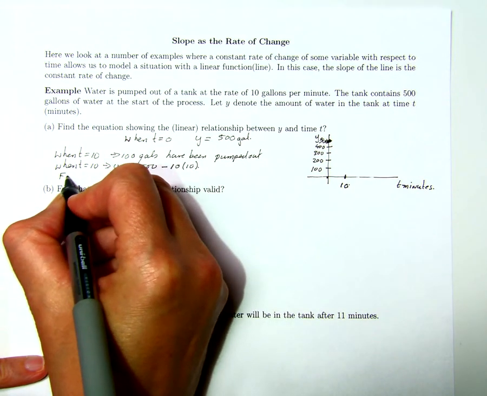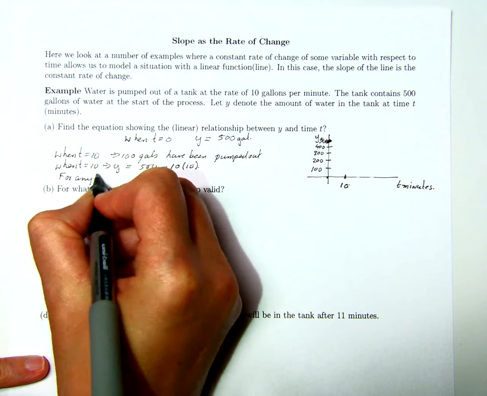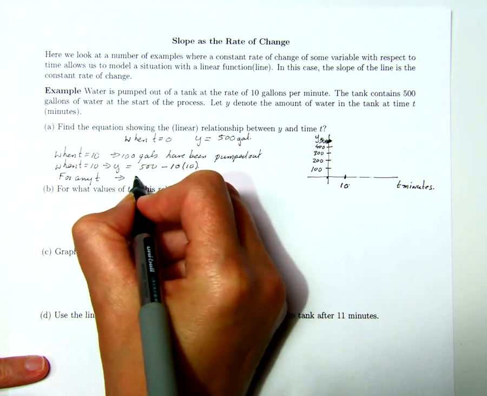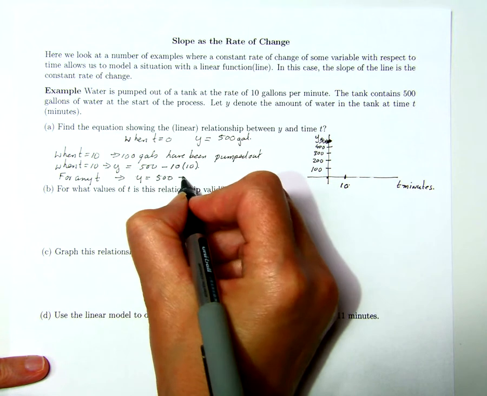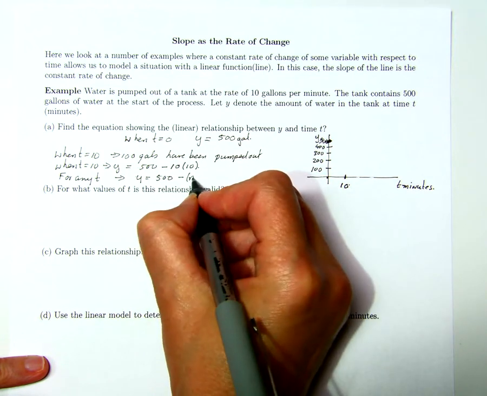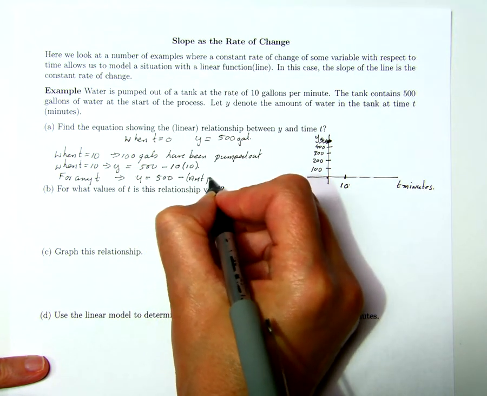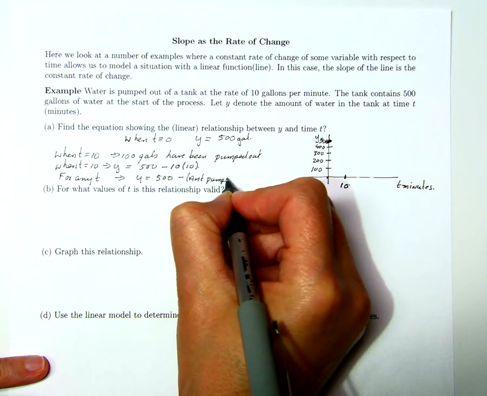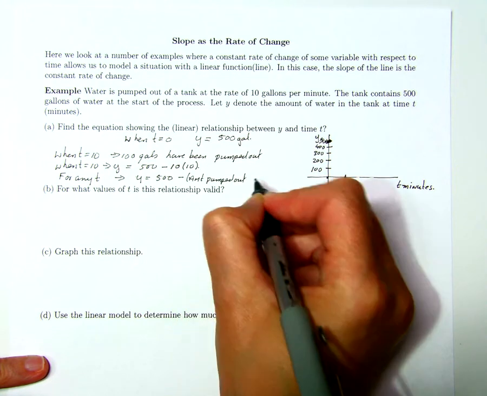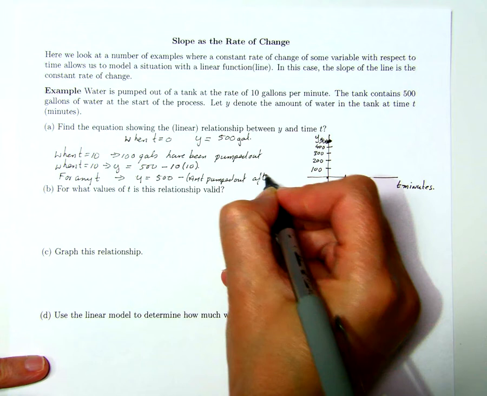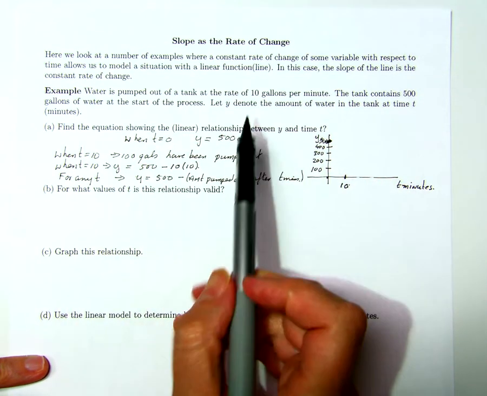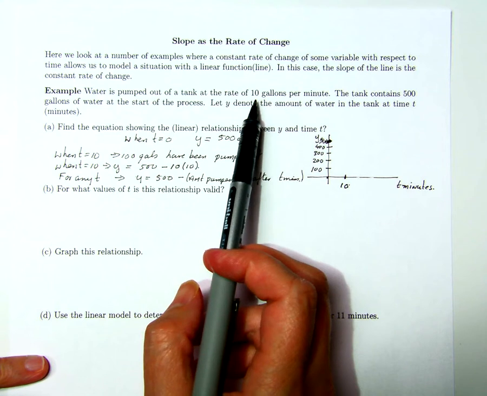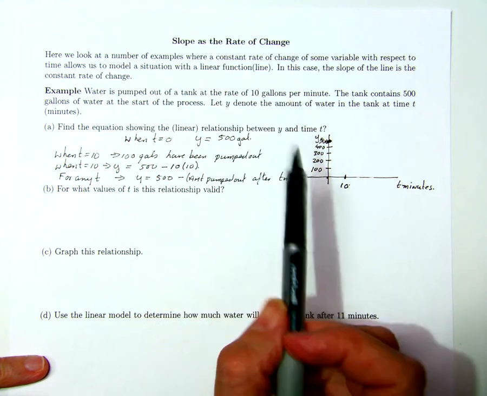For any t, y is equal to 500 minus the amount pumped out after t minutes. Well, we know that the water is being pumped out at 10 gallons per minute.